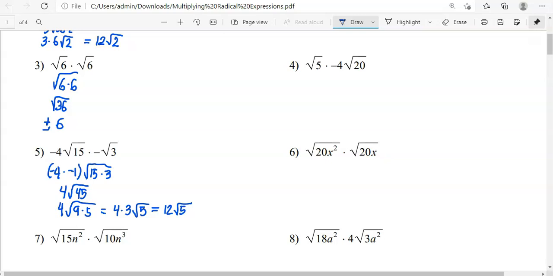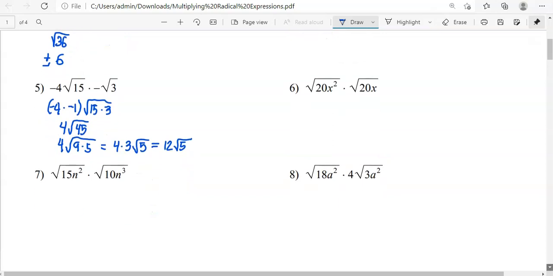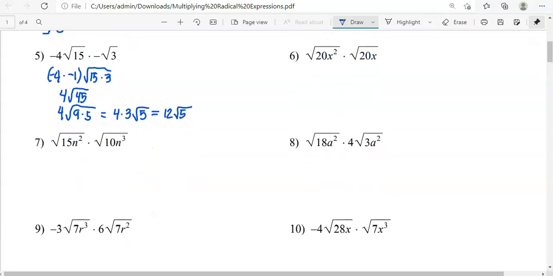Okay, next tayo, number 7. I hope naintindihan natin yung number 5. Let's proceed to number 7. The square root of 15 n squared times the square root of 10 n cubed. Okay, first, multiply muna natin yung numerical sa radical.